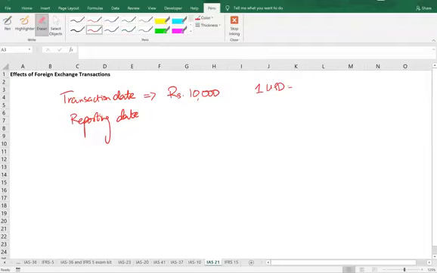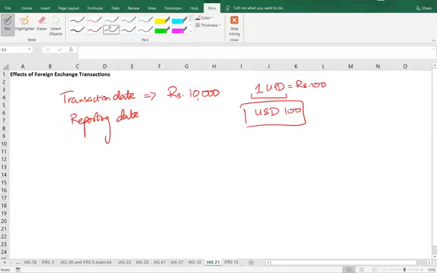What is this standard again? IAS 21. Okay, fine. Now, in this situation, what would be the USD value? That would be $100, right? You understand? So $100 is basically at the date of transaction the value of the goods that were purchased.